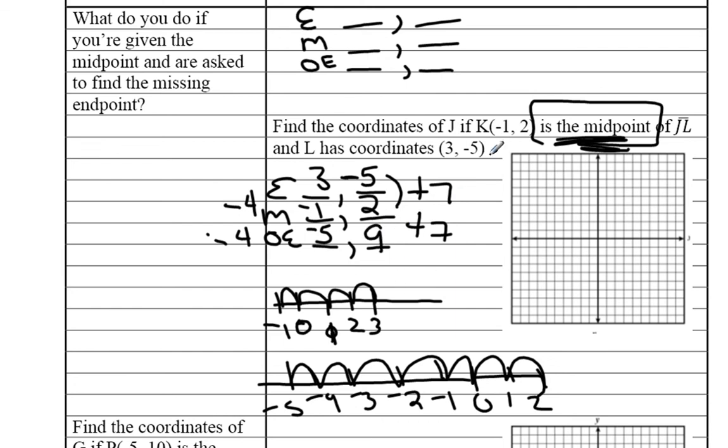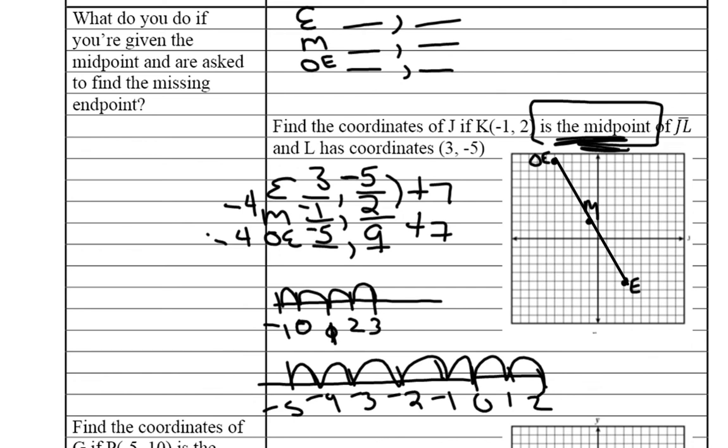So if we graph this, we have our endpoint, our midpoint, negative 1, 2, and our other endpoint.